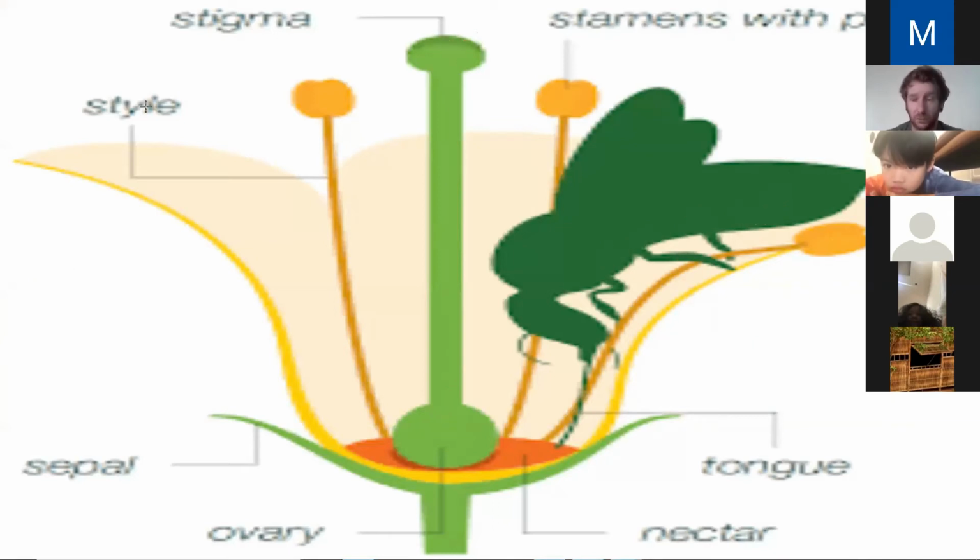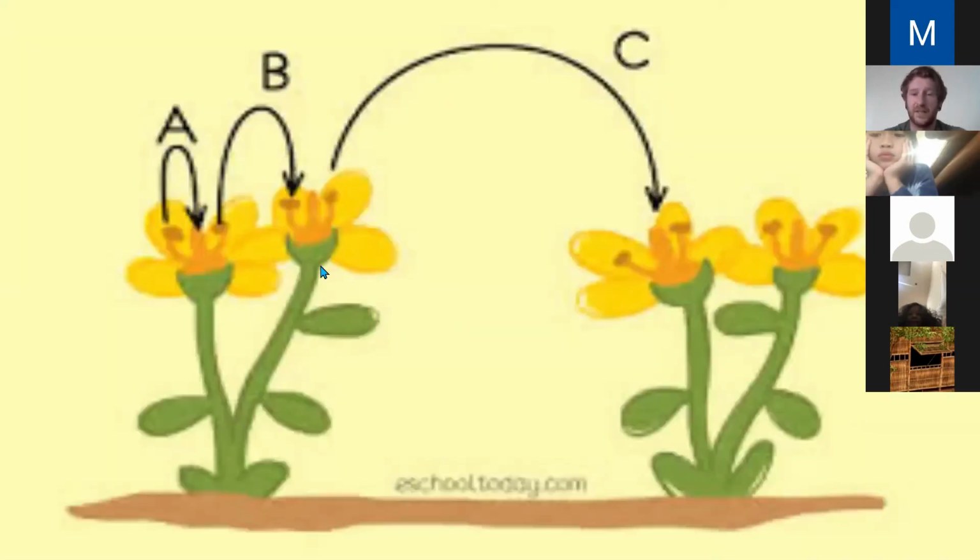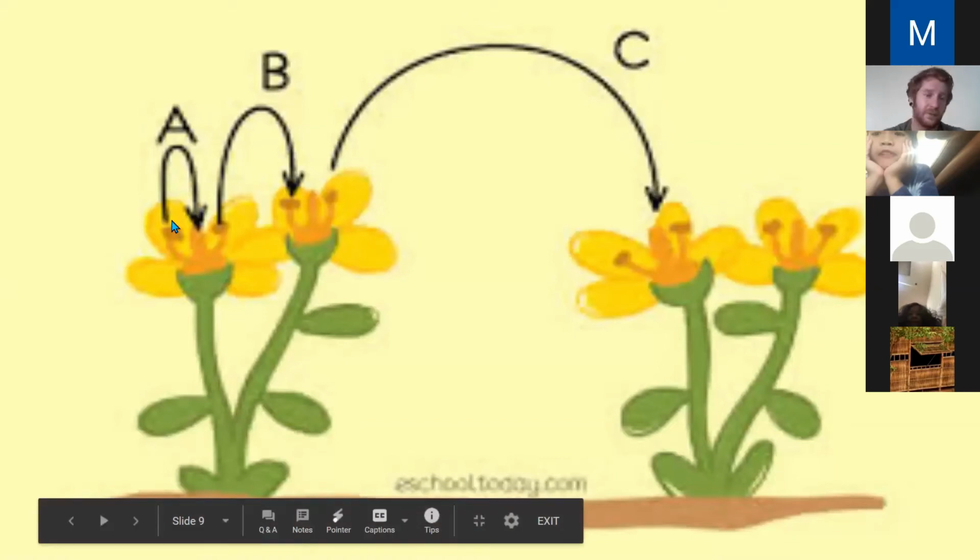When the seed has grown, it either creates a seed which can be blown away by wind, or can make a fruit, okay? If you ever want to look up, there are a couple of really interesting stop motions where this ovule just turns into a fruit, particularly with strawberries, okay? And this is basically how it happens again. You get the bee to go to A, to B, and then go to C.